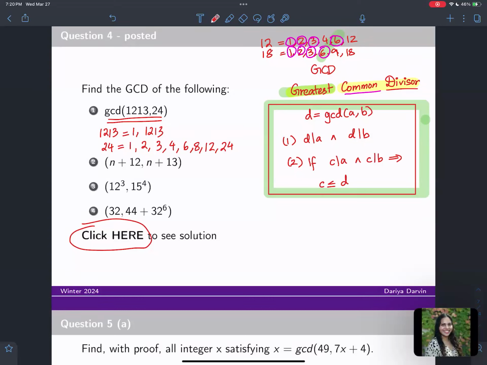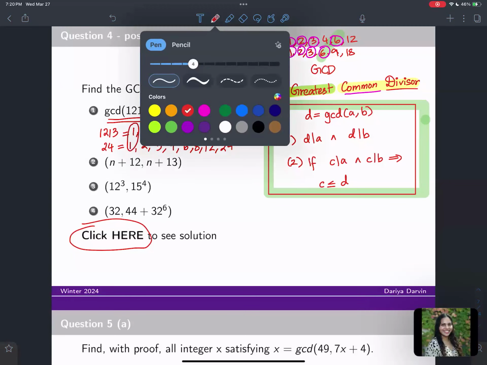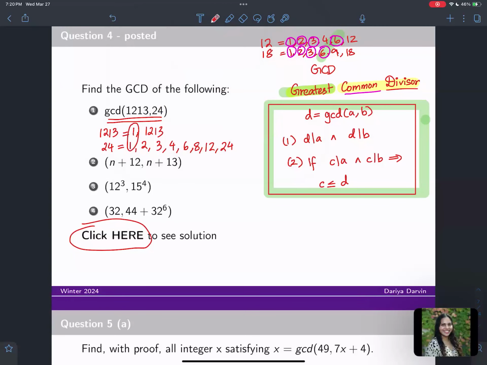Excellent. So GCD is just 1 here. Now, a question for you guys. Knowing everything you know now, what's the smallest GCD I can get? 1. Excellent.